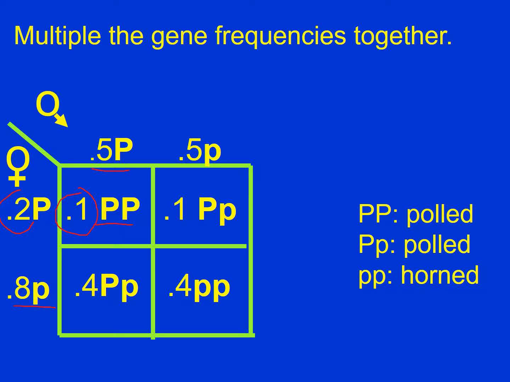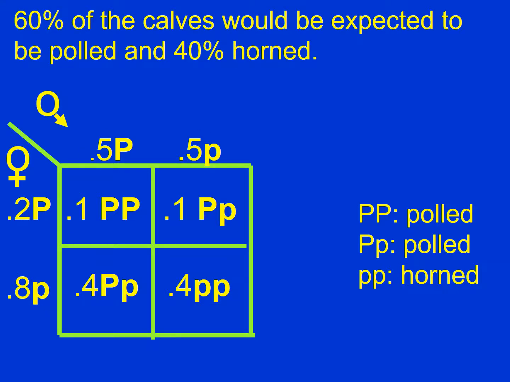And for this square here, it's going to be the 0.2 times the 0.5, 0.1 here. This square down here is the 0.5 versus 0.8, 0.4. And here we have a 0.8 times 0.4. So in this particular case, we got a 40% chance of getting individuals that are horned. So 60% of the calves would be expected to be polled, and 40% would be expected to be horned.